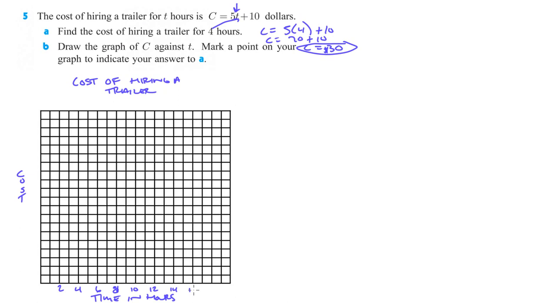You got to be consistent. 16, 18, and then this is 20 hours. Now this one here, I don't probably want to do 1, 2, 3, 4 because I know it's already going to cost $30 just to go for 4 hours. So I might go, like say every $5. So maybe make this $10, 20, 30, 40, 50, so forth and so on.